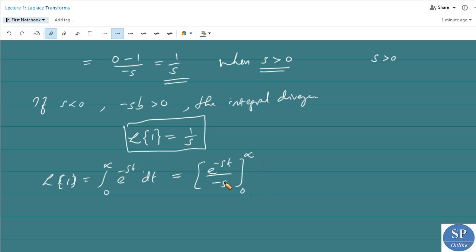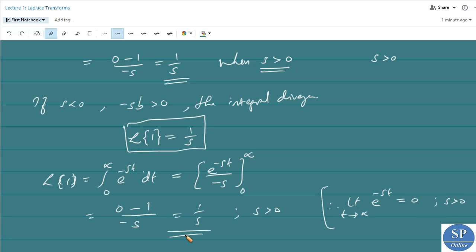Okay, so when s is greater than 0, as t tends to infinity, e power minus infinity will be 0, minus e power 0, that is 1, divided by minus s, that is equal to 1 by s when s is greater than 0. Here we used that limit t tends to infinity e power minus st is equal to 0 for s greater than 0.